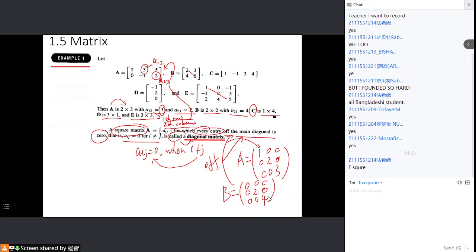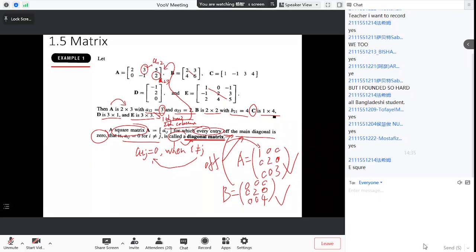We do not define that every element in the main diagonal must be nonzero. It's just defined that every element except the main diagonal equals 0. So this is also a diagonal matrix, and this is also a diagonal matrix. Okay?